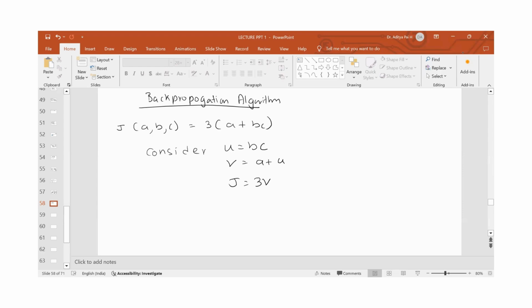Now this is actually applied when we take three steps and put them in the computation graph.